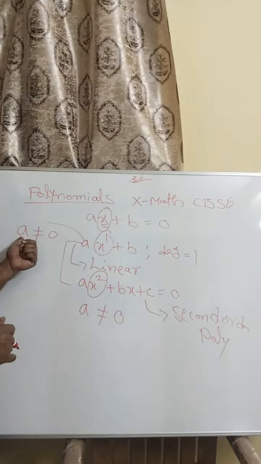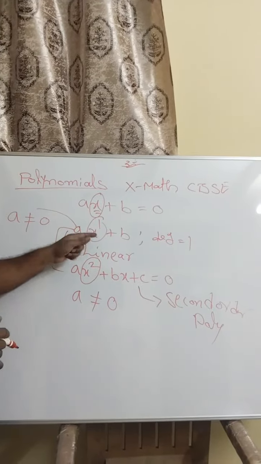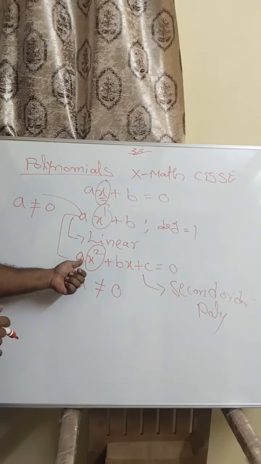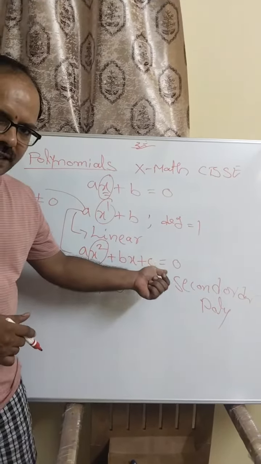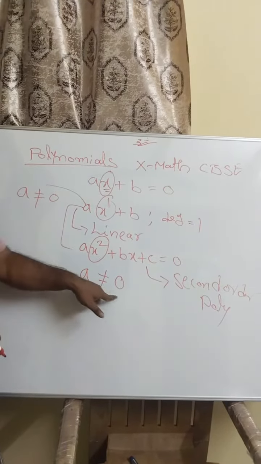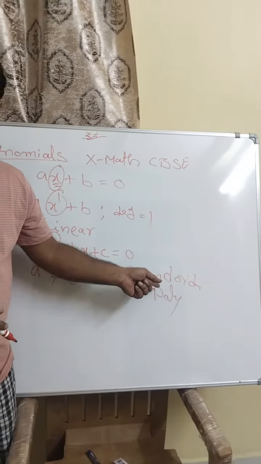That is, a is the coefficient of x which is not equal to 0. Then we will say it is a first order polynomial. If it is ax square plus bx plus c, the coefficient of x square is again a, which is not equal to 0. Then we will call it a second order polynomial.